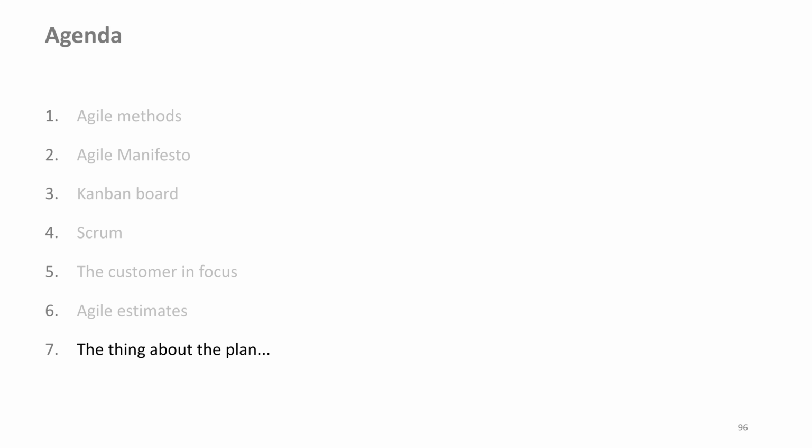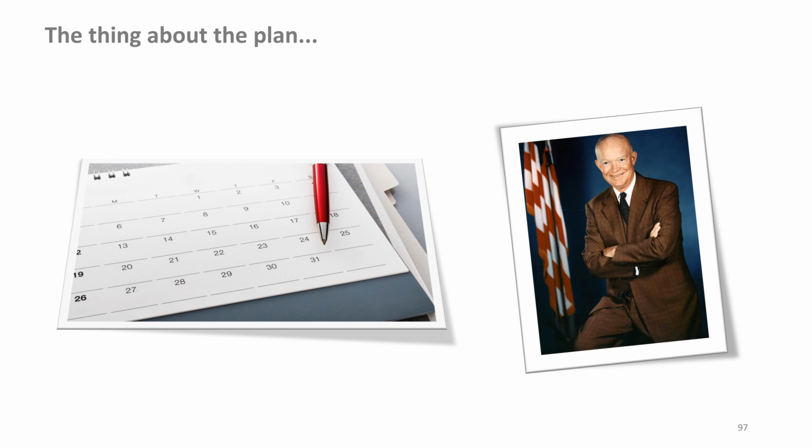Last chapter. The thing about the plan. There are people who say that there is no planning in Scrum. Others say, we are agile now, we don't plan anymore. Or, we only think from sprint to sprint.